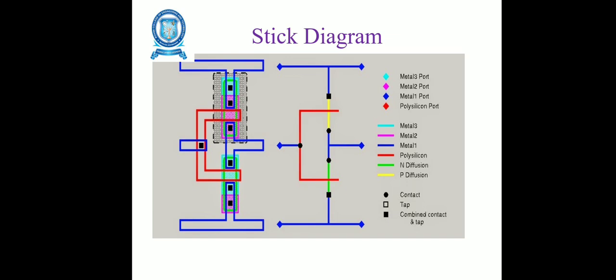How does the designer draw a stick diagram? They create a freehand layout design using colored lines to indicate various process layers such as diffusion, that is P or N, metal, and polysilicon, where the polysilicon layer crosses the diffusion layer, and the distribution of these poly connections are made by metal wires.